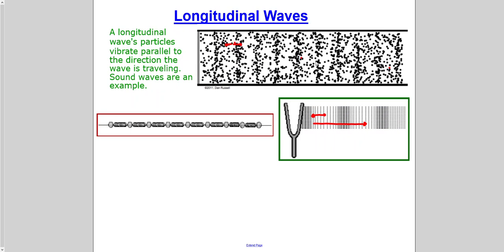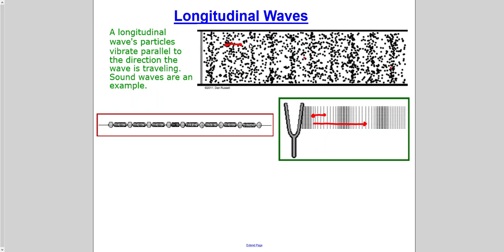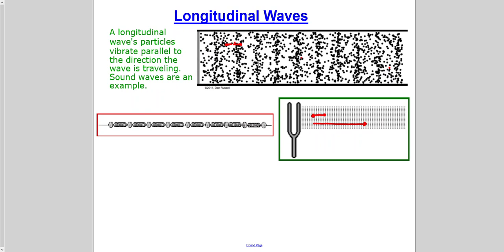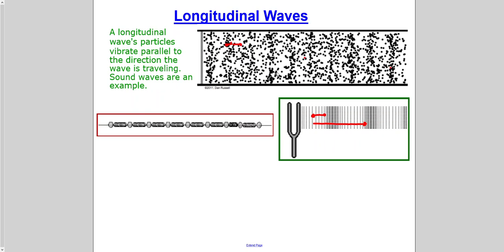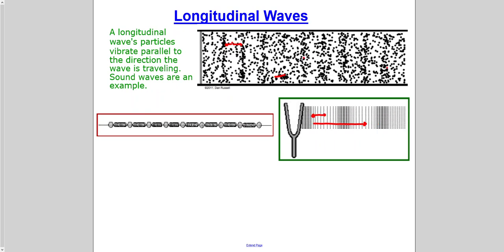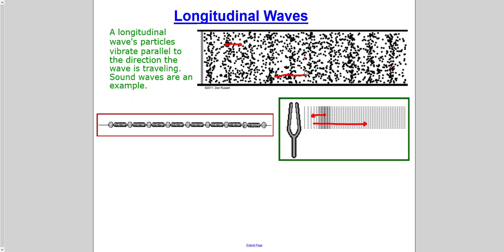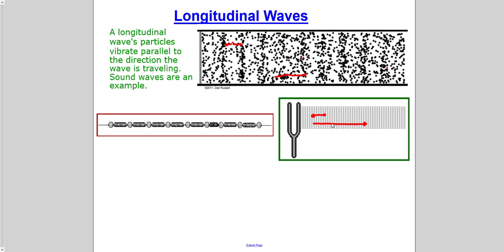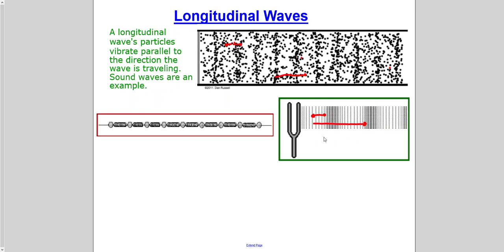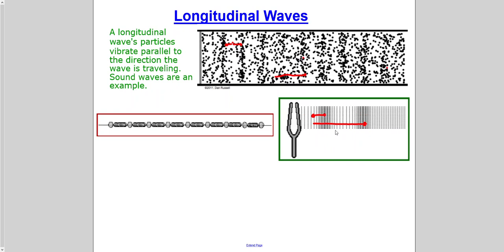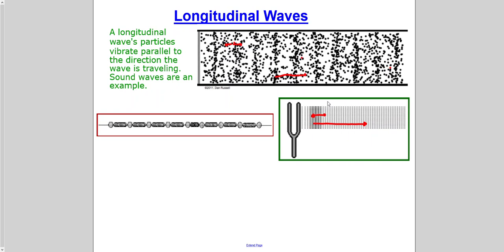That's true of this one here and this one here. They just vibrate back and forth, but we can see that the wave or the energy, like this line right here, is traveling. The energy is moving through here, even though the particles themselves are staying in the same spot. And because this is vibrating left to right and the wave energy is moving left to right, we would say that these are longitudinal because they are parallel to each other.